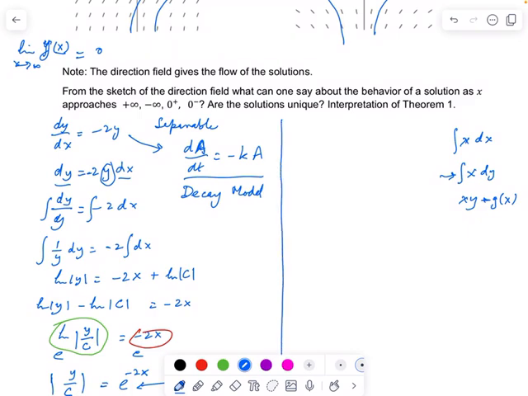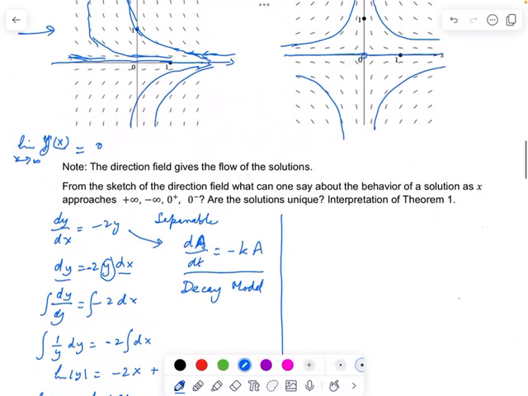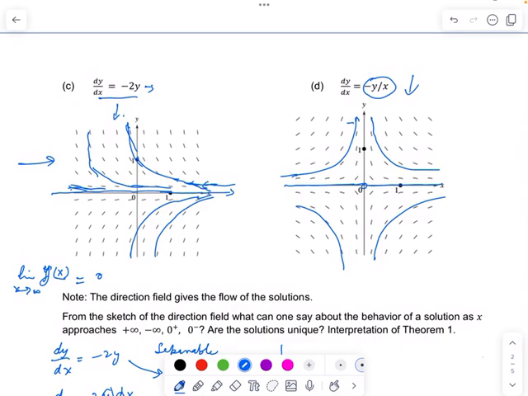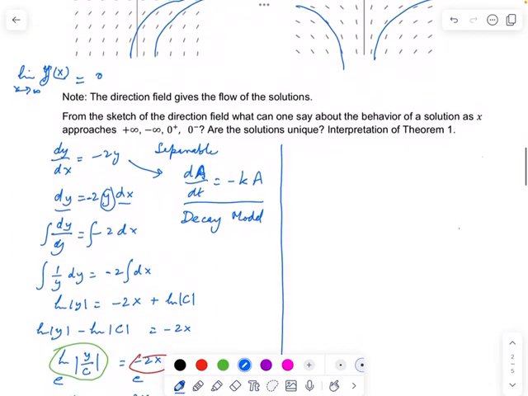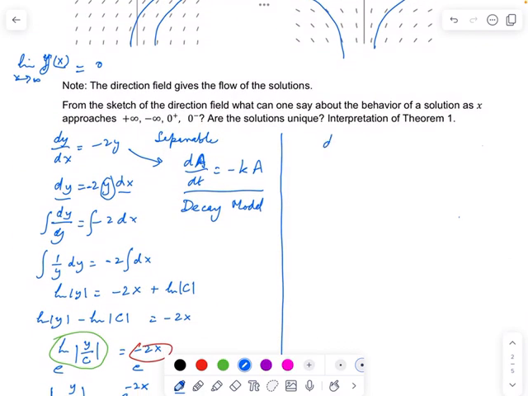Now let us look at the second differential equation on the right, which is dy by dx equal to negative y over x. This is also something which we can solve by separation of variables.